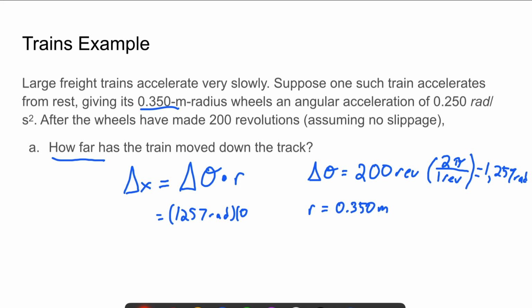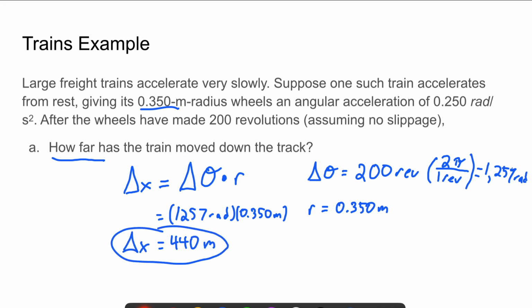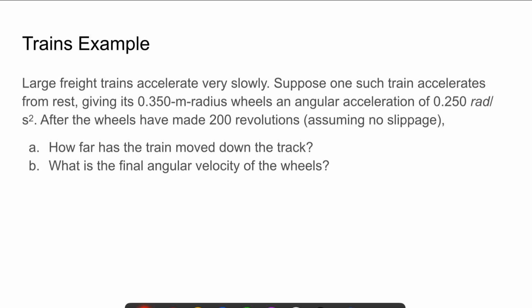So take 1,257 radians, which is again our rotation angle, times 0.350 meters. And that gives us a displacement of 440 meters. Okay, so we didn't really use any kinematics just yet in the last question, right? We just converted from our rotational variable, rotation angle, to our translational variable, distance or displacement.